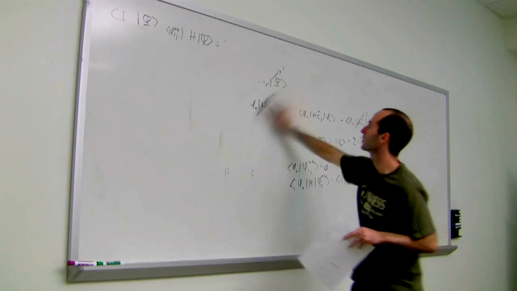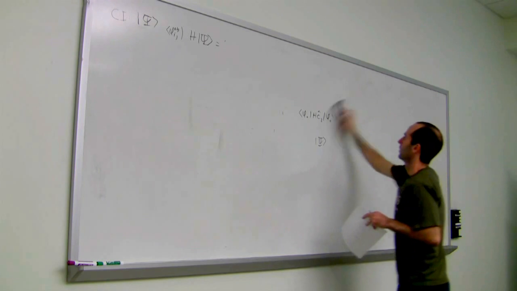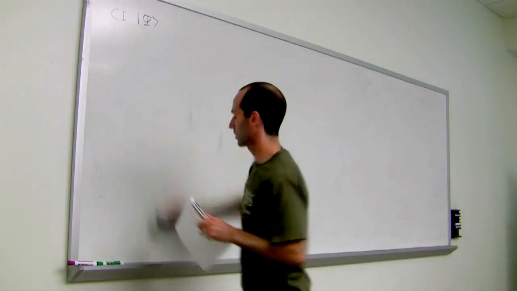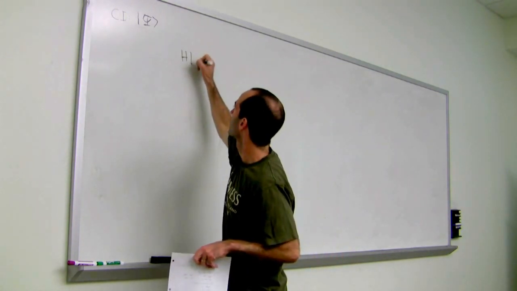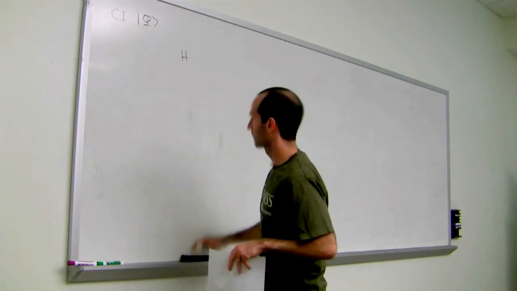Okay, moving on, coupled cluster is a little bit different. We're going to use what's called the similarity transformed Hamiltonian. So we have our Schrodinger equation, H psi, and I'll go ahead and write it with the exponential.